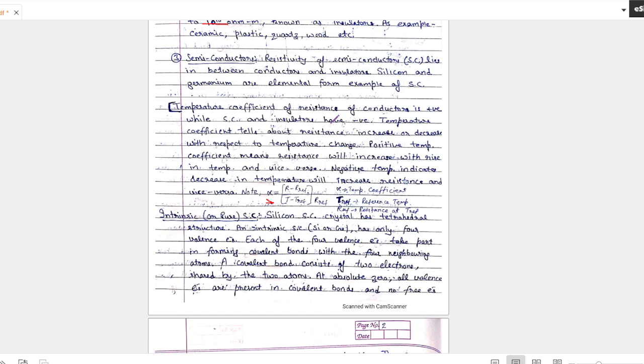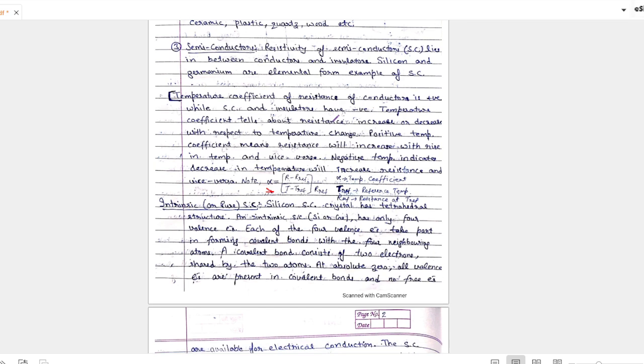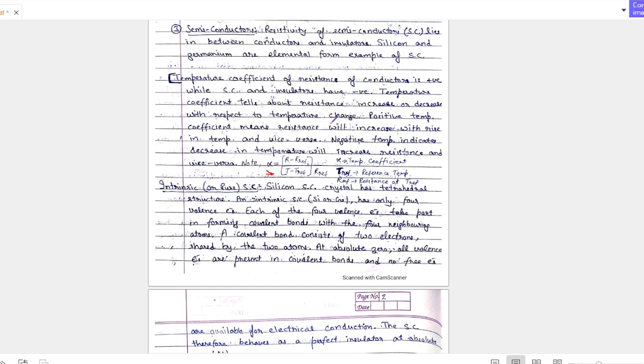That means conductivity increases with increase in temperature. But in case of a conductor, we already have free electrons, and when we increase the temperature, they start colliding with each other, and their free movement decreases. That's why its temperature coefficient is positive, while both semiconductor and insulator have a negative temperature coefficient.